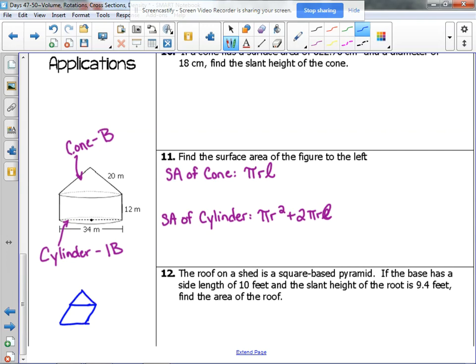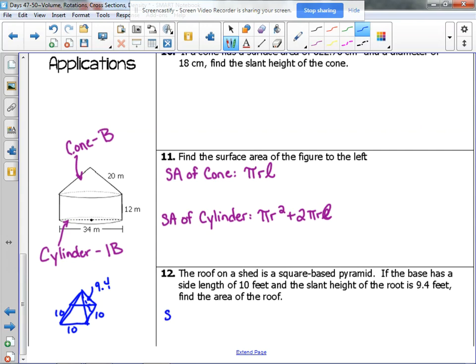Oh, I'm really bad at drawing pyramids. That's not very good, but you get the gist. The base has a side length of 10 feet. It's a square, so they're all 10, right? I'm not going to put the one in the back. The slant height of the roof is 9.4. Find the area of the roof.